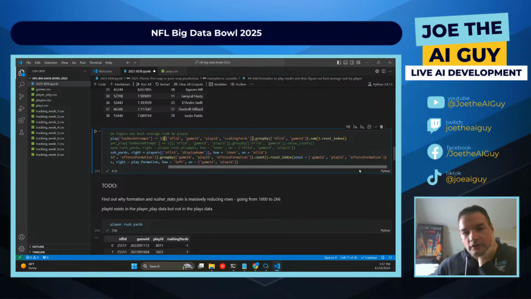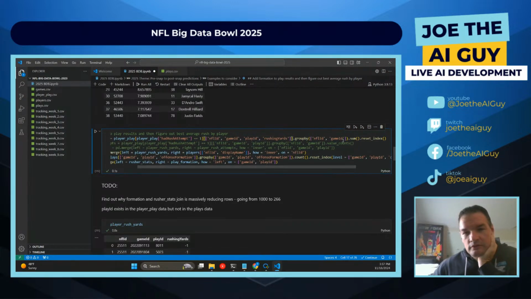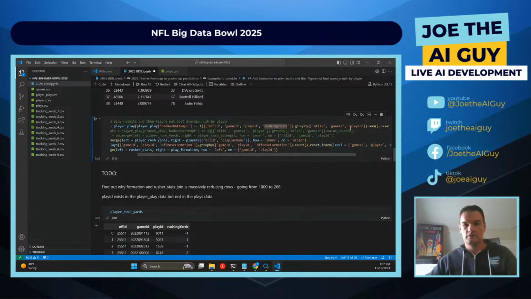And game ID, play ID. Oh, this may be why. It shouldn't explain why we get extra rows, but it should fix things up a bit. I missed a group by here.